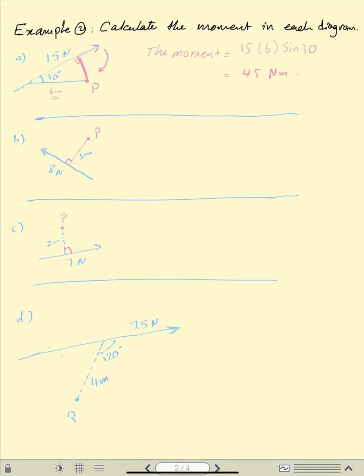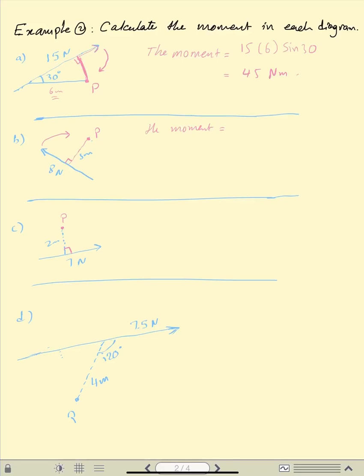Part B. This is the point B and this is the force, so this is the direction we are in. We are applying the force in this direction about the point P. So the moment is equal to FD.